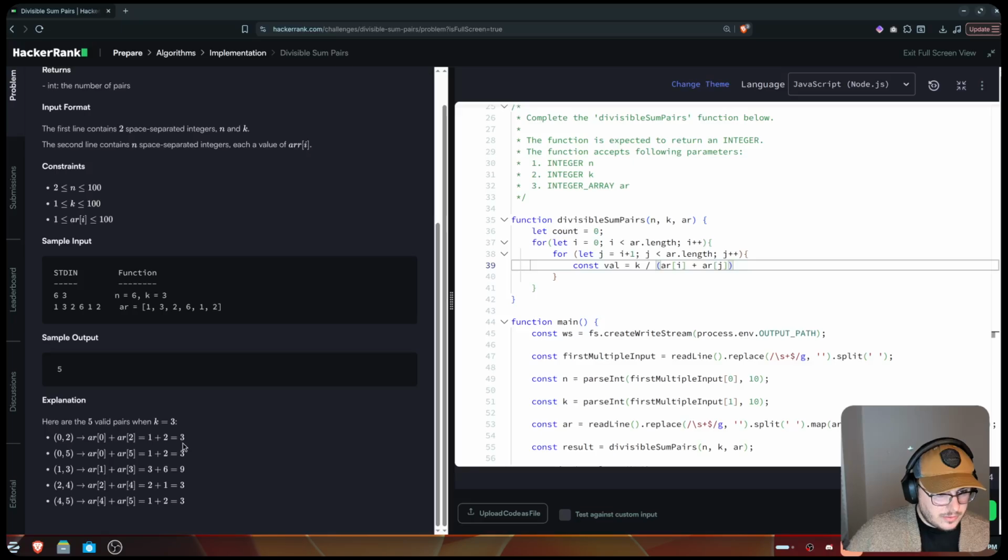R1 plus 2 equals 3. 5 valid pairs. Let's see. So it's 6. 6 divided by 3. Here we have 9. 9 divided by 6.